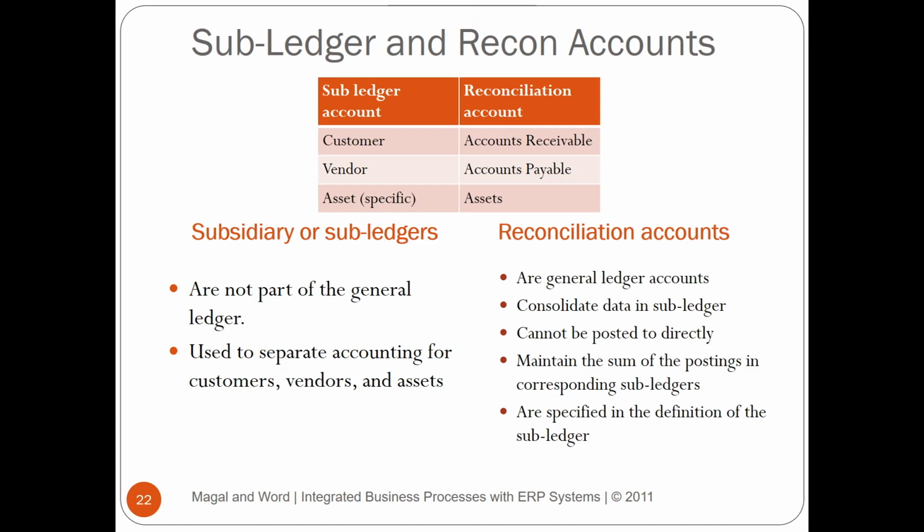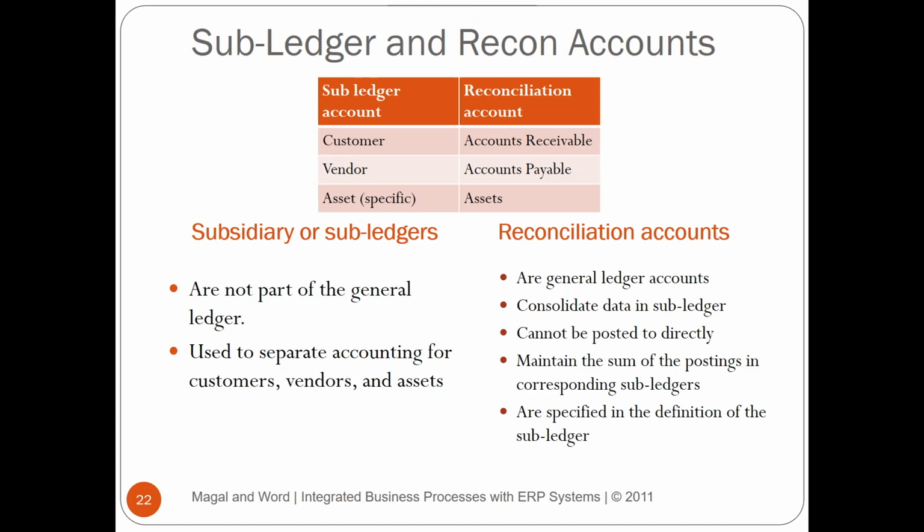Such accounts are maintained in subsidiary ledgers, or subledgers for short, and they are not part of the general ledger. Although the customer and vendor accounts are not part of the general ledger, the data in each account must be reflected in the general ledger.